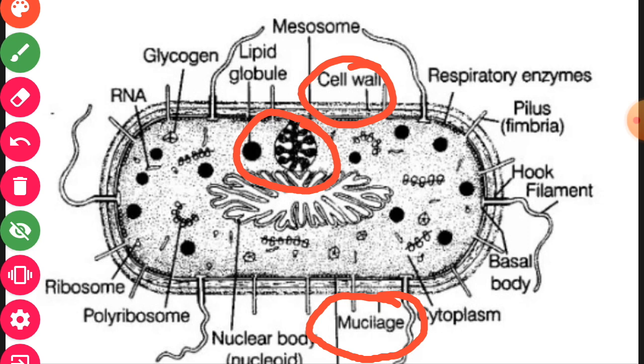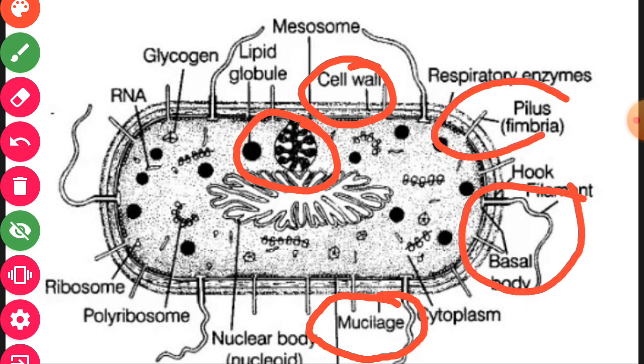Next is the most important flagellum or flagella, and next is pili. Here you know the differentiation between flagella and pili in their function and structure. Flagella help in locomotion while pili are helpful in sexual conjugation or sexual reproduction.